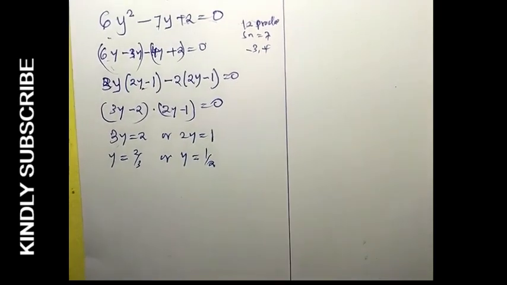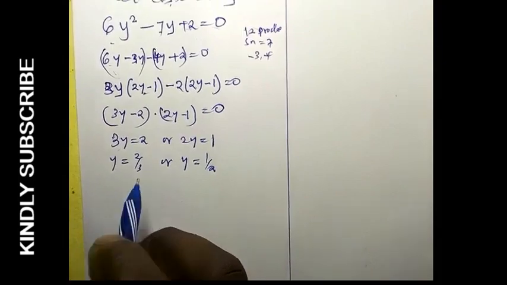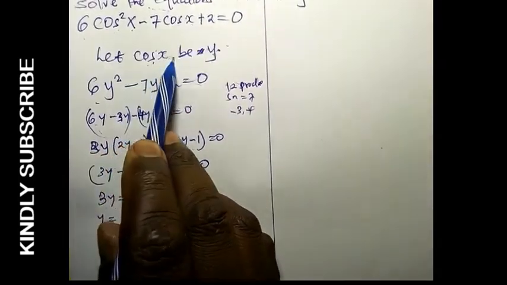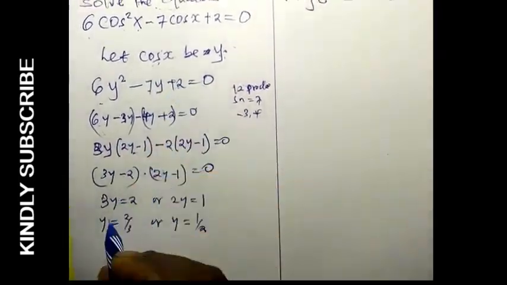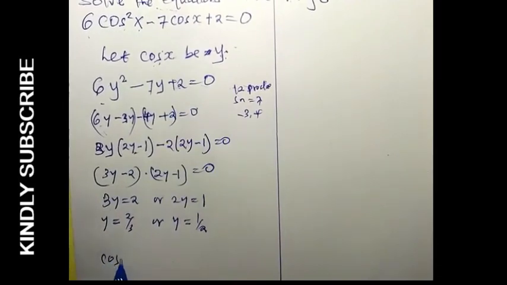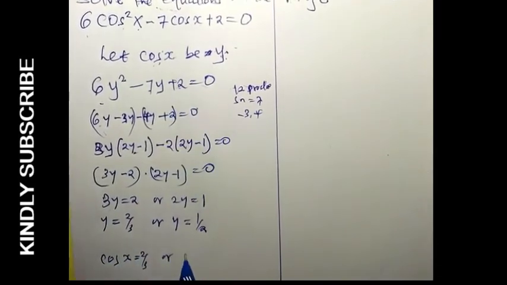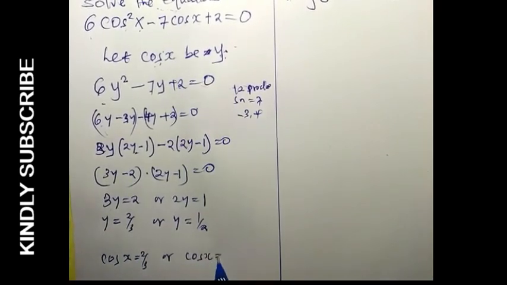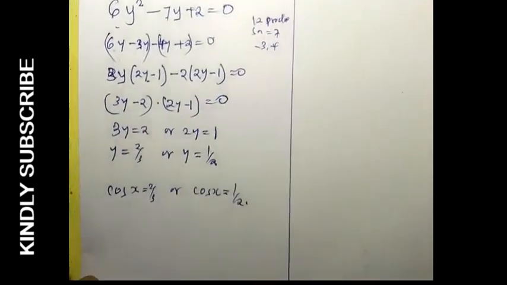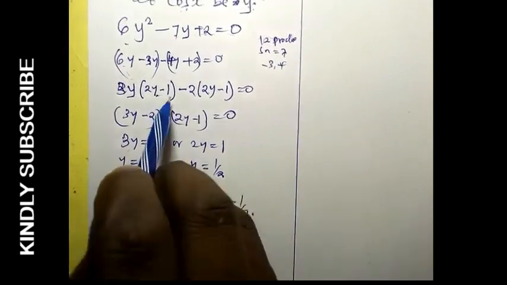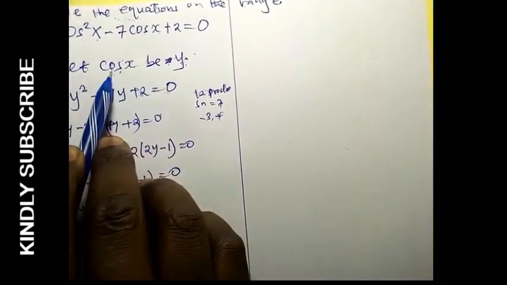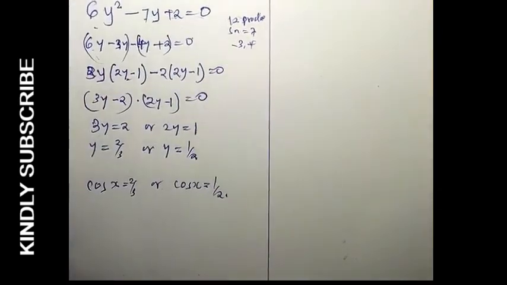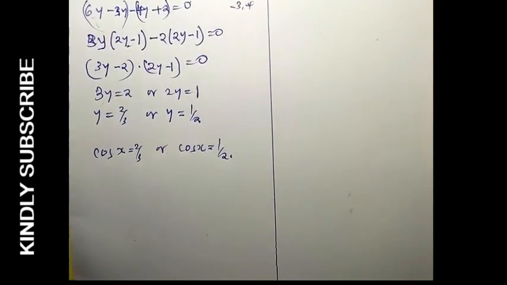But remember we said that let cos x be y. So it means that we have cos x equal to 2 over 3, or cos x equal to a half, because we know that y equals cos x. That's what we wrote earlier.